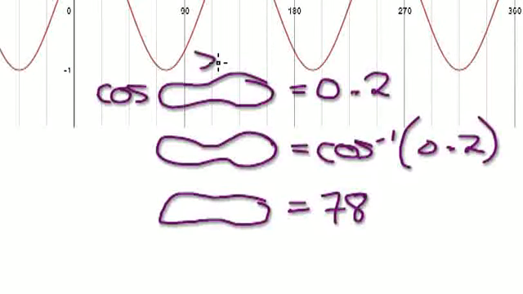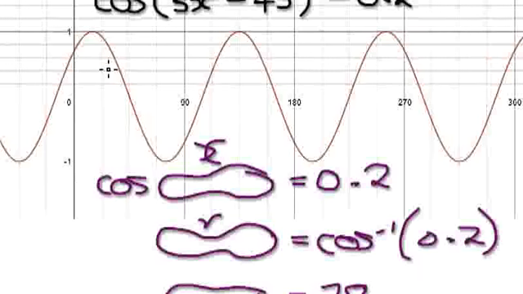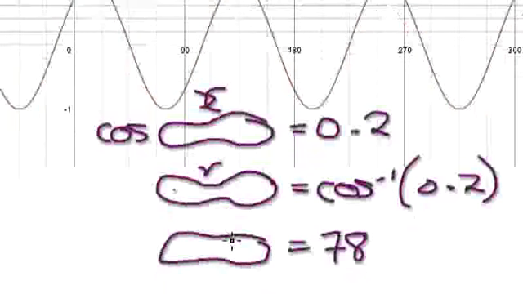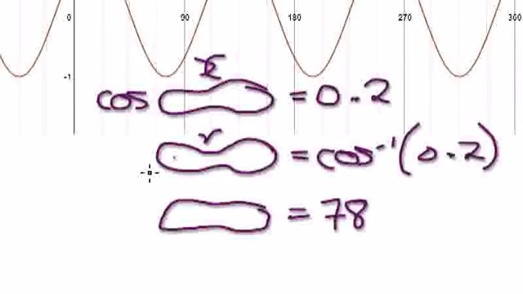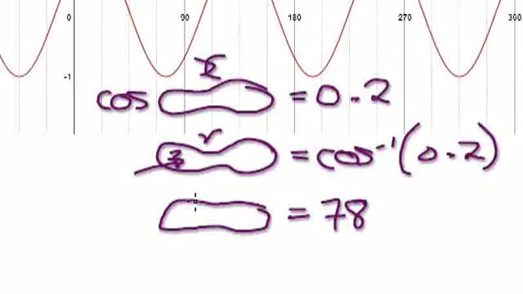This is like us doing cos of x, so x equals 78. I know there's a horizontal shift across, but it's buried inside this bubble at the moment. It hasn't taken effect yet. We are just looking at the bubble.